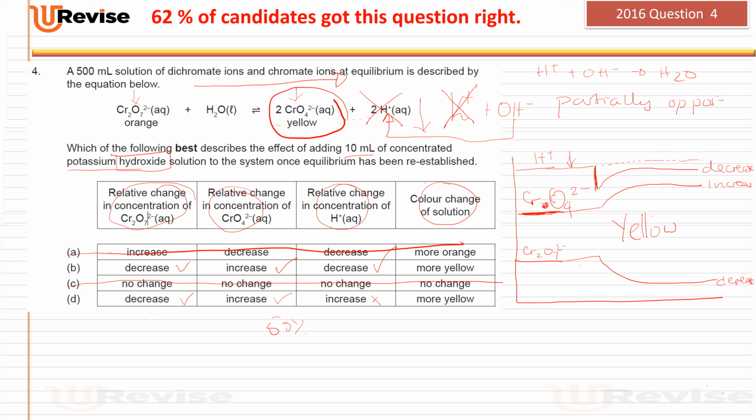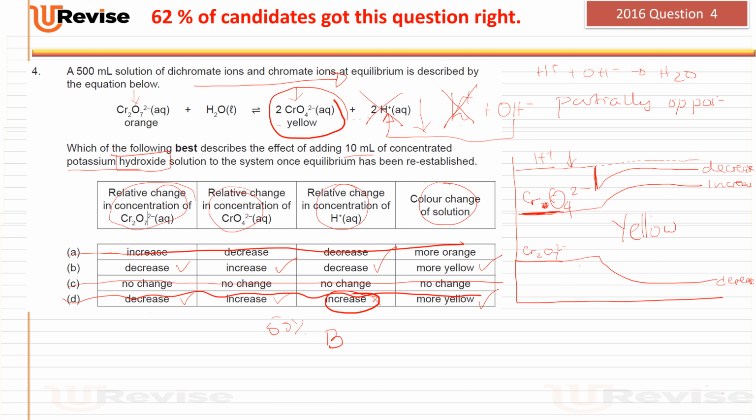That's not correct because we are talking of a partial response of the system to oppose the imposed change. So this one is not going to be correct. Let's look at the next one. More yellow. Right, yes, it goes more yellow, but this one here is not correct because of that, which means D is incorrect and our correct answer is B for this question.